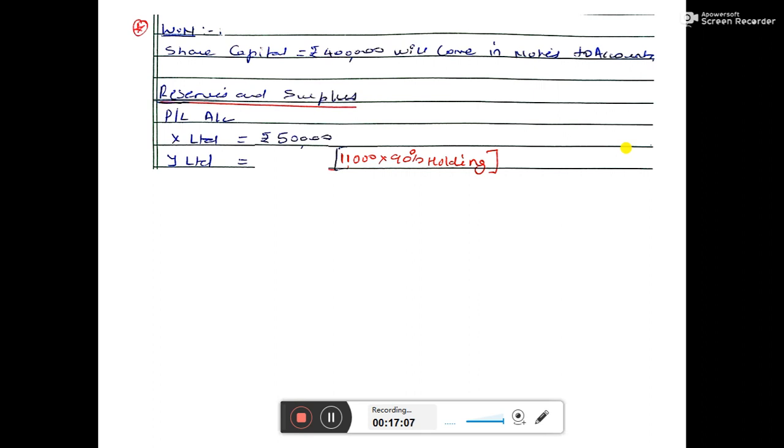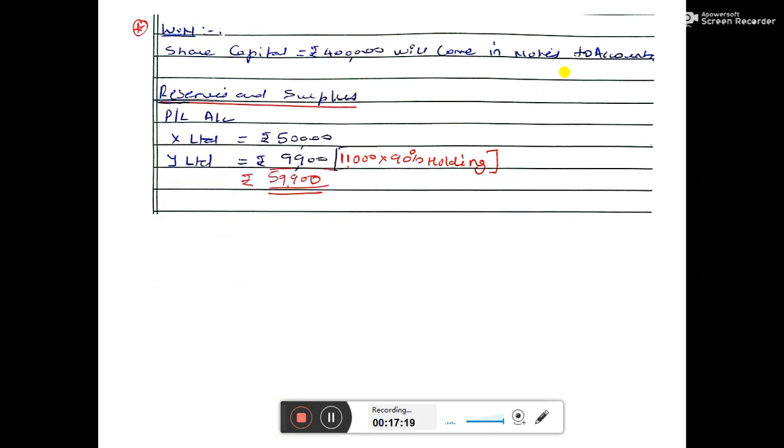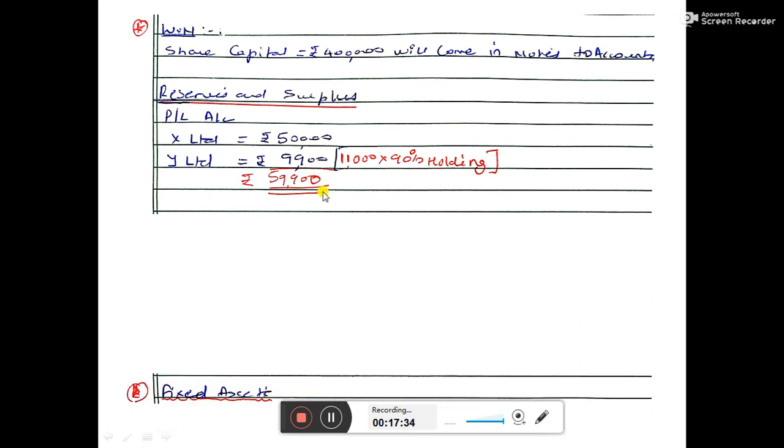Only 90% because full 11,000 is for the full year, but out of this 11,000, only 90% will go to X Limited for consolidation. So 9,900. So total is 59,900. With this, the reserves and surplus working note is complete. This 59,900 will go to notes to accounts and then be transferred to the balance sheet.